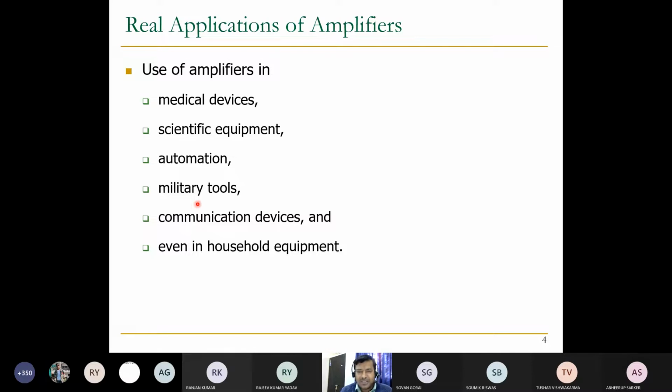Although it is not part of this lecture, I'd like to mention that suppose you have an idea, not necessarily based on amplifiers, and you want to design a circuit or develop a device, then you want to fabricate it.